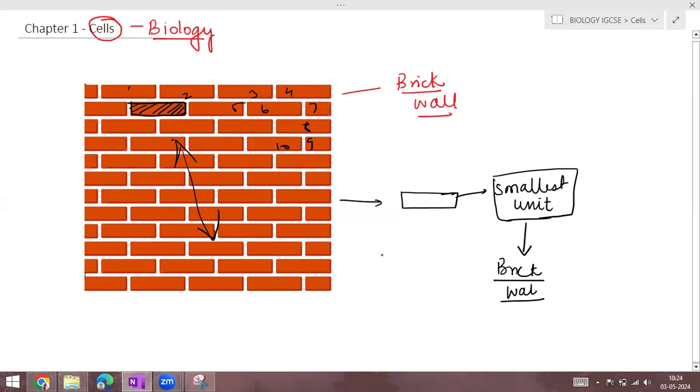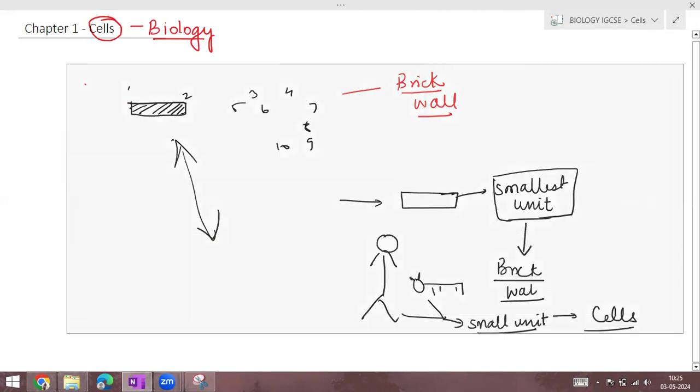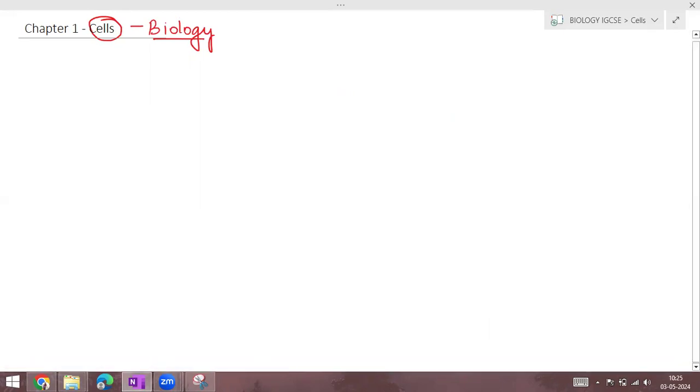Similarly, our body, a human or an animal, these animals are made up of very small functional units. Those are known as cells. I hope I make sense. So we organisms are made up of the smallest functional unit, which is known as a cell.